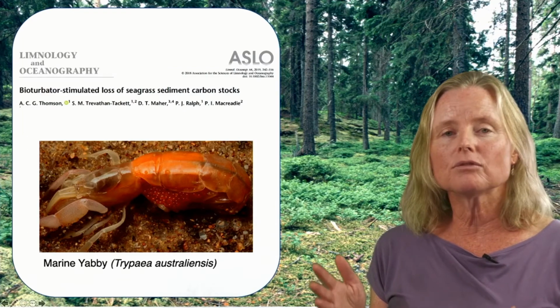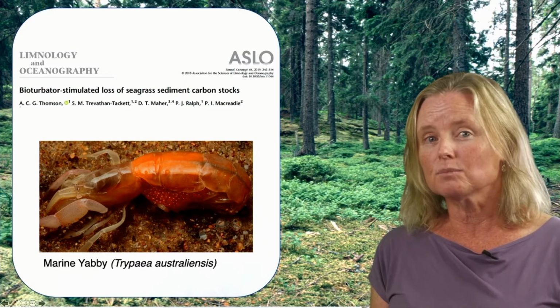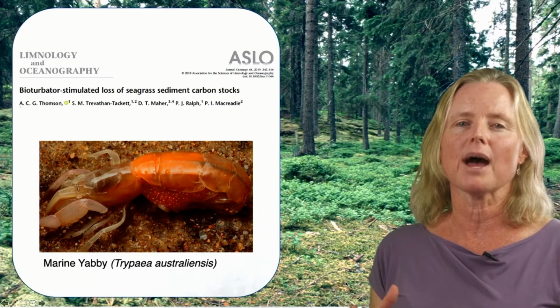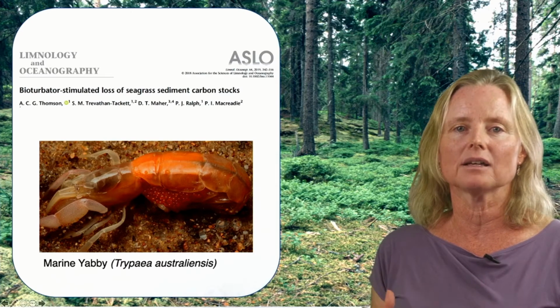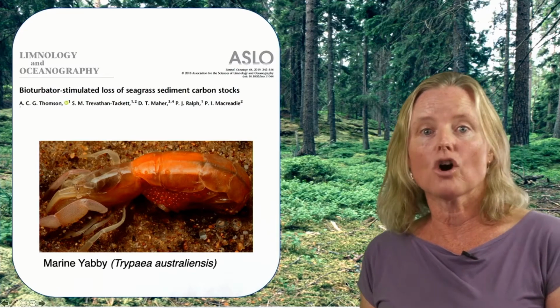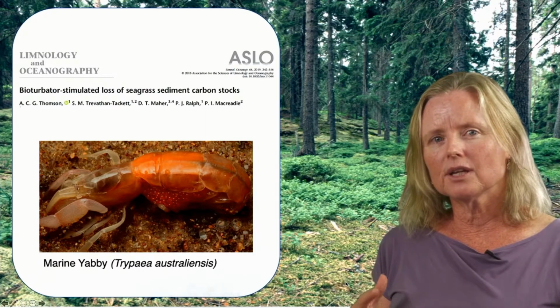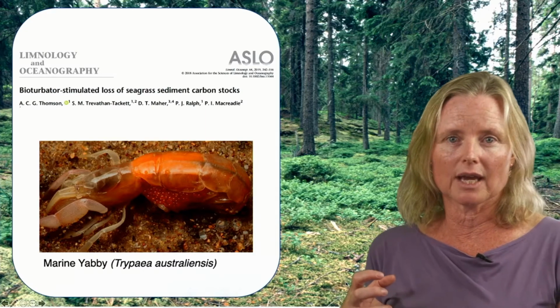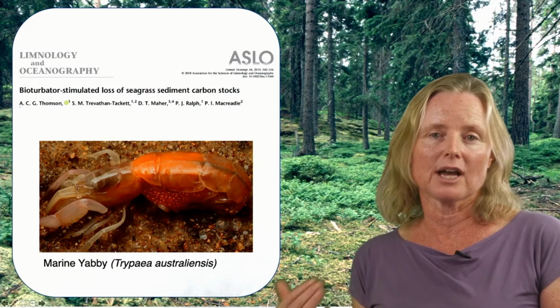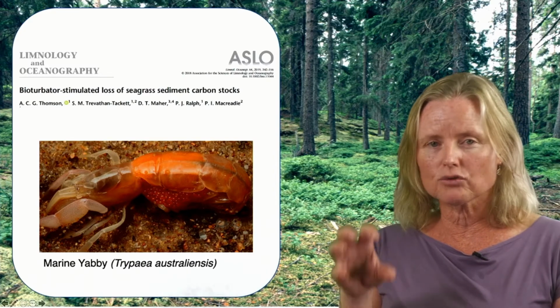For example, in a recent study by Australian researchers, sediment microcosms were used to investigate the impact of the addition of organic matter in the form of seagrass with and without this bioturbator, a common marine yabby. The scientists' objective was to determine if the addition of seagrass as an organic matter source, with and without the bioturbator, could increase the rate of mineralization of carbon already trapped in the sediment.